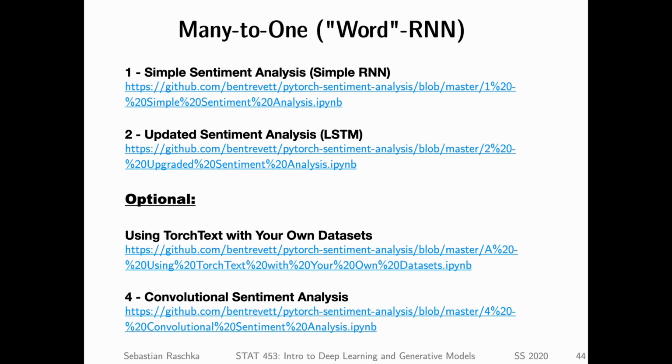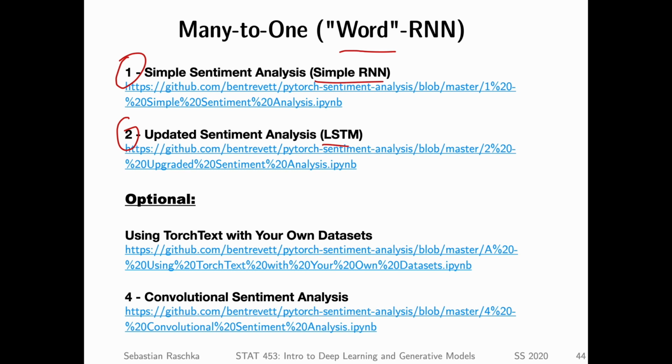For the many-to-one word RNNs, I'm calling them word RNNs because they operate on the word level. So every input is a word to the network. Here's a selection of the ones that I would recommend to start with. There's a simple sentiment analysis, which is just a simple RNN. And there's also an LSTM version.